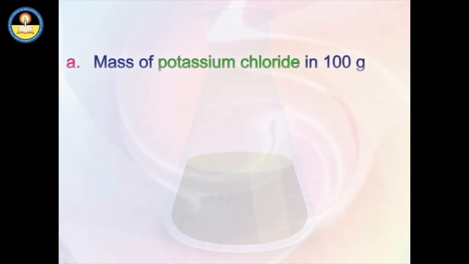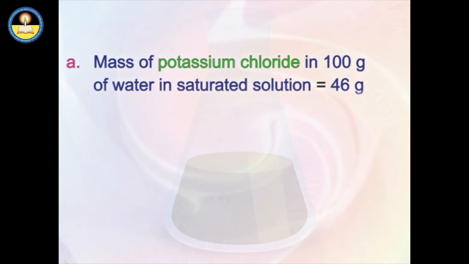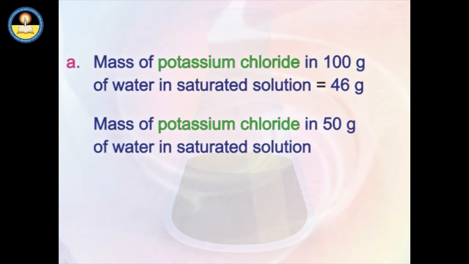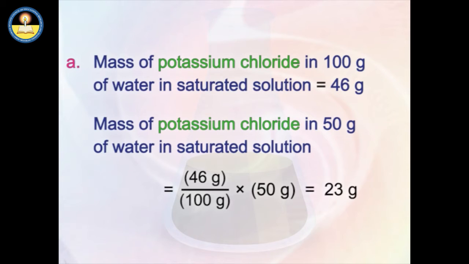A. Mass of potassium chloride in 100 grams of water in saturated solution is equal to 46 grams. Mass of potassium chloride in 50 grams of water in saturated solution equals 46 grams divided by 100 grams multiplied by 50 grams, which equals 23 grams.